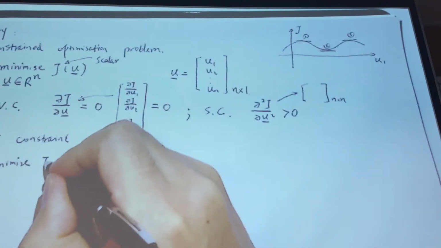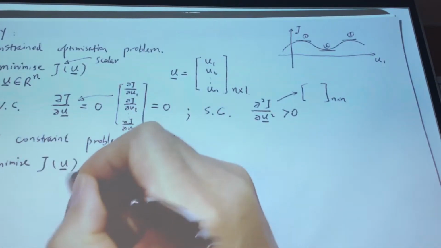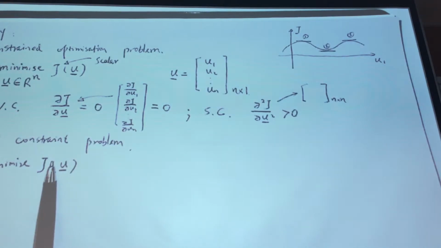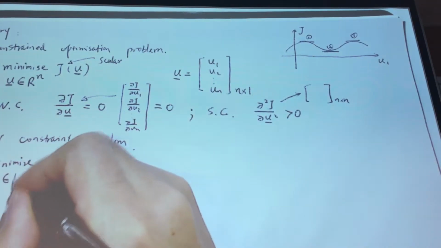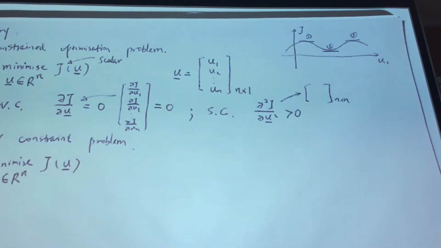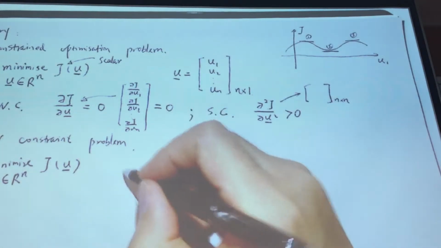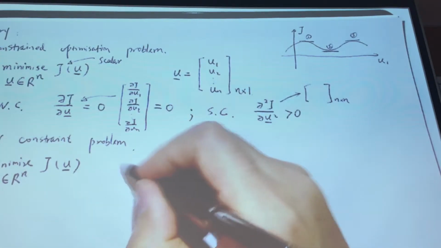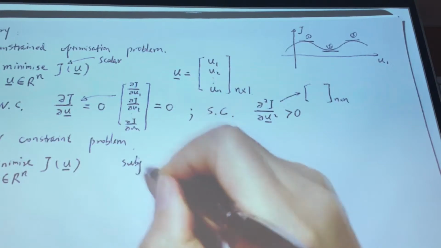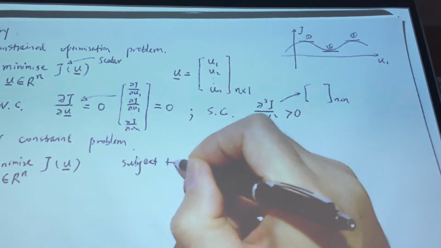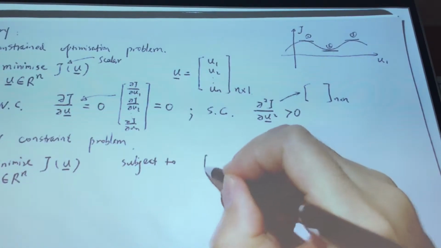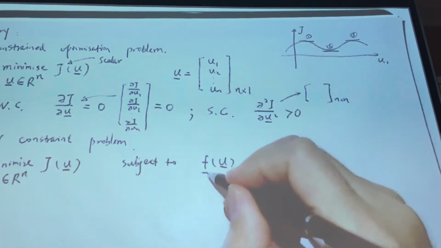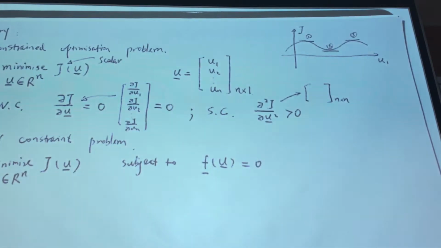We want to optimize a scalar cost function, also a scalar cost function, by using the n-dimensional real control input u. But this time, the optimization is subject to a set of additional equations, subject to f equal to 0, the set of f equations to be 0.